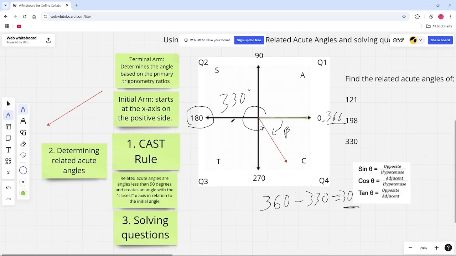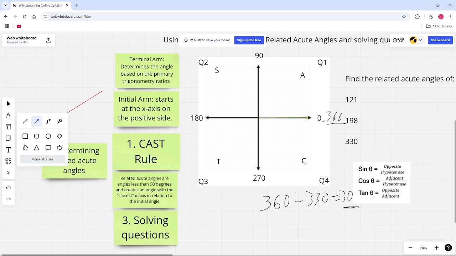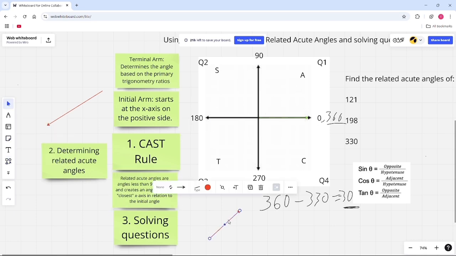Now, for each individual quadrant, finding this related acute angle would actually be very different. Let's say your angle is in quadrant 1. So I'm just going to draw the terminal arm. If our terminal arm is in quadrant 1, then we don't have to do any calculations to find the related acute angle, because that angle is already less than 90 degrees, which fulfills our criteria.